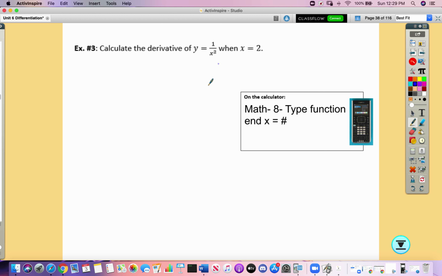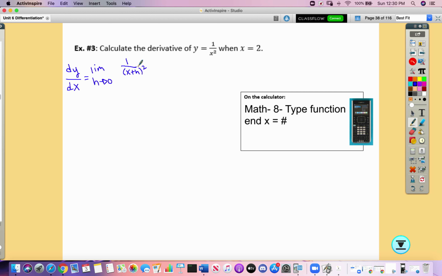So here we go. I'm going to calculate the derivative. I'm going to use Leibniz's notation, dy dx is equal to the limit as h approaches 0 of, I'm going to substitute in x plus h everywhere I see an x. So that's going to be 1 divided by x plus h squared.